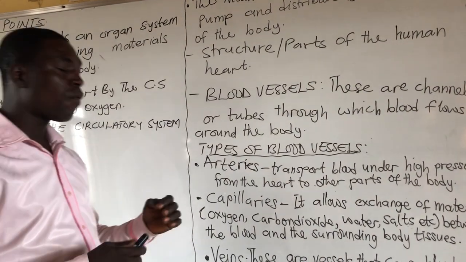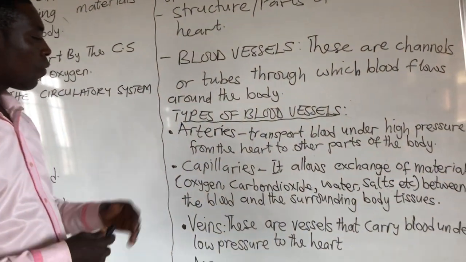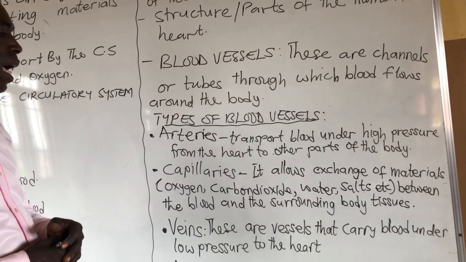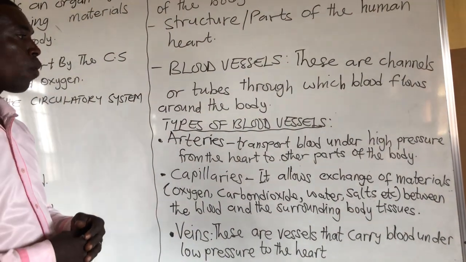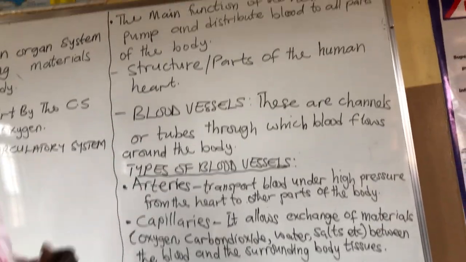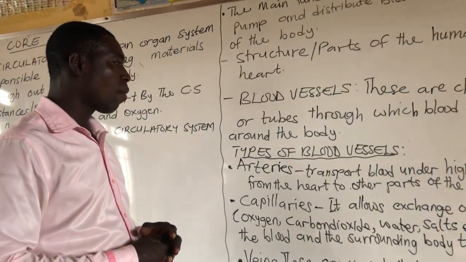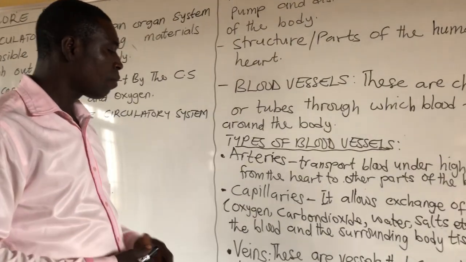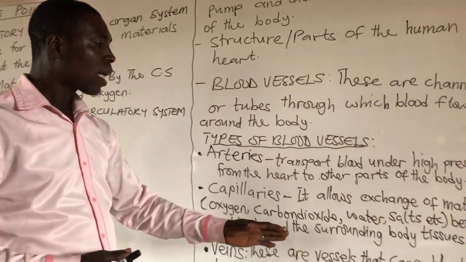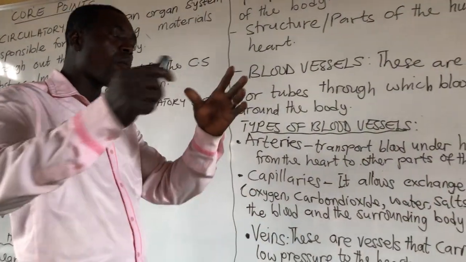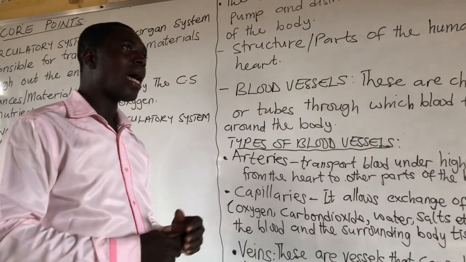Now we also have the veins. The veins are vessels that carry blood under low pressure to the heart. So whilst the arteries transport blood from the heart to all parts of the body, the veins carry blood to the heart, that is from all parts of the body to the heart.